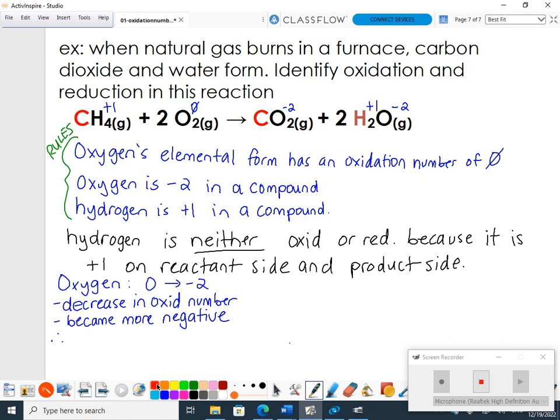So becoming more negative or gaining electrons is going to be reduction. That can be annoying, because wouldn't it be nice if oxidation was oxygen? Sure would. But because of oxygen's high electronegativity, it is often the substance that's reduced or gains electrons.